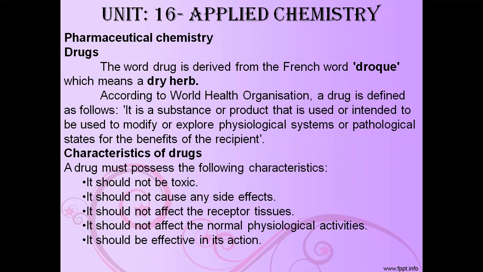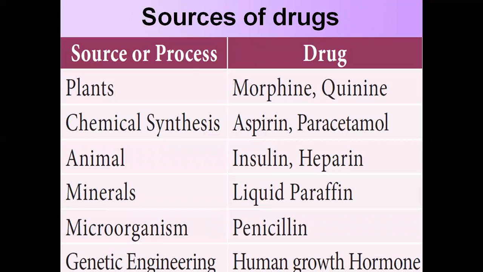Okay, sources of drugs. So these are the sources of drugs. Plants: morphine and quinine. Chemical synthesis: aspirin, paracetamol. Animals: insulin, heparin. Minerals: liquid paraffin. Microorganisms: penicillin.